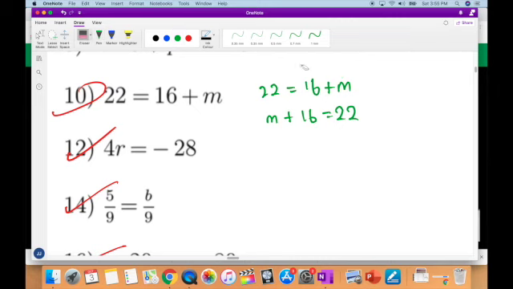So because of the commutative law, I could write it as m plus 16 instead of 16 plus m. Addition is commutative, so they are both the same thing. So therefore m is equal to 22 minus 16. What's 22 minus 16? 6. Yeah.